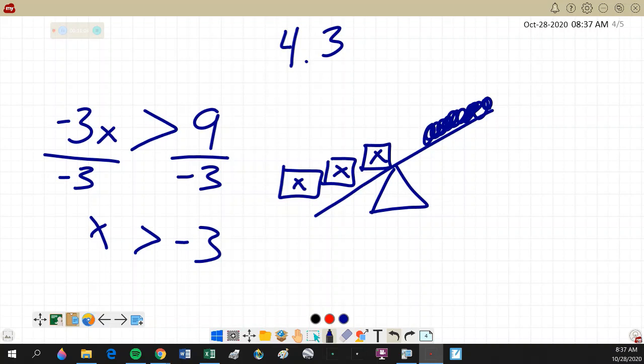So, if the x's are pushing down, and I am doing the opposite, are the x's balloons or are they weights? Well, so here, they're balloons, right? But if we do the opposite, then they're weights. Okay, so we have weights pushing down, right? And on the right side, we have rocks pushing down.